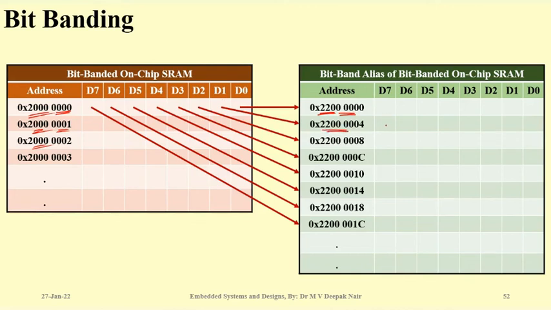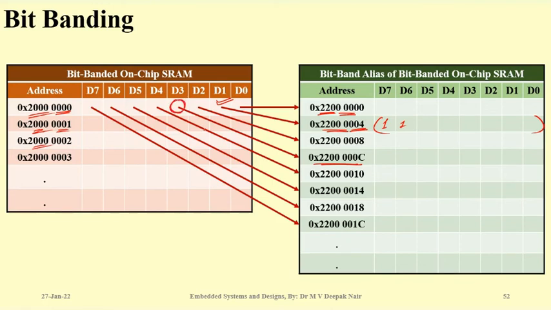So if I go to this address and write 1, what will happen? It will reflect on D1 only. If I write 1 here, or make this register high, this register's output will be reflected on D1 only. Similarly, if I make this register high, it will be reflected only in D3.